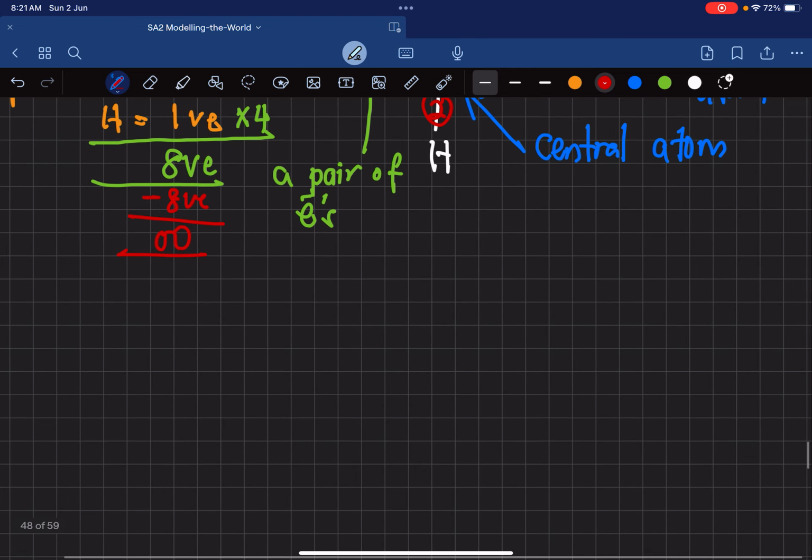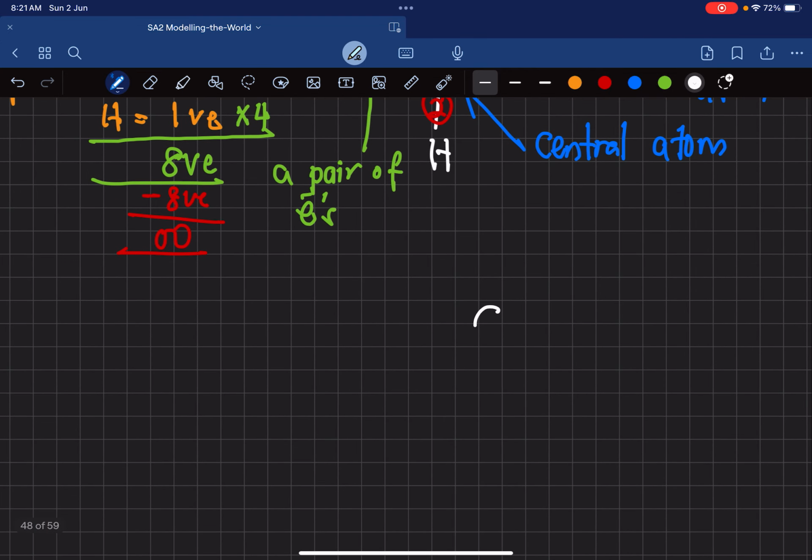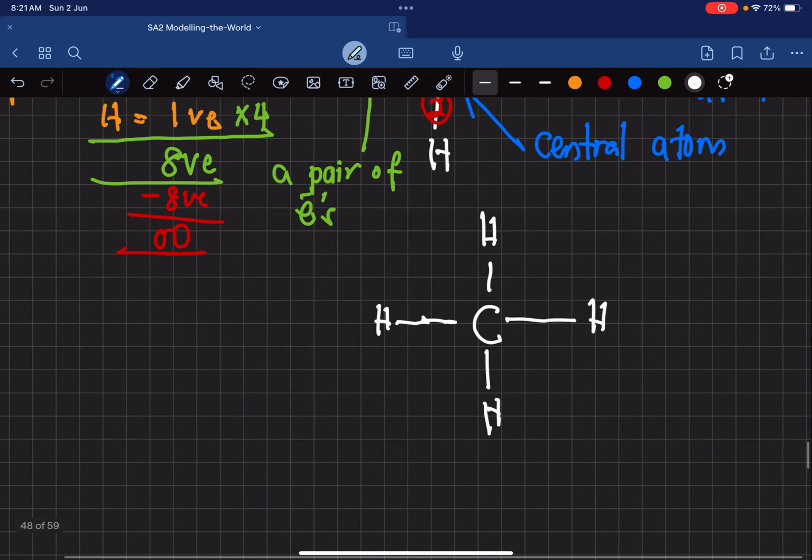Okay, let me just draw it out here for you one more time. So this is a Lewis structure for methane. Now in this Lewis structure, all of the electron pairs are in bonding. They are all bonded to 2 atoms.